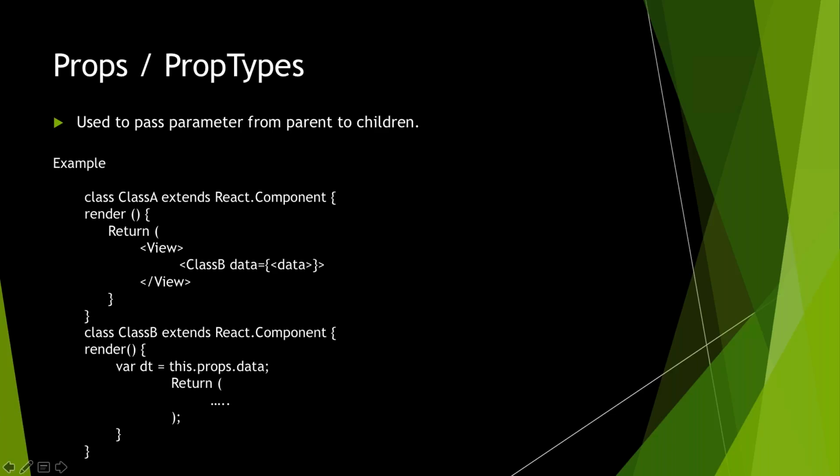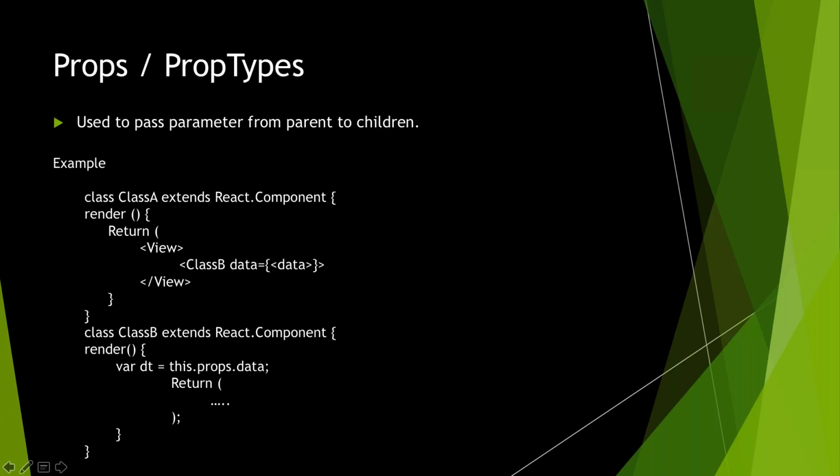In this example, the key that I have written for class B says data. So I'm saying data equal to, and inside the brackets, I'm passing whatever data I want to pass. It can be an array, a JSON, a string, anything. But on the left side of equal to, it's a string key, consider it like that.